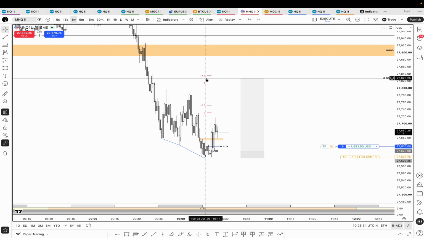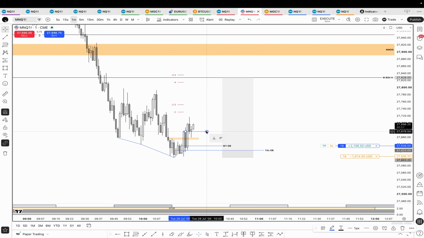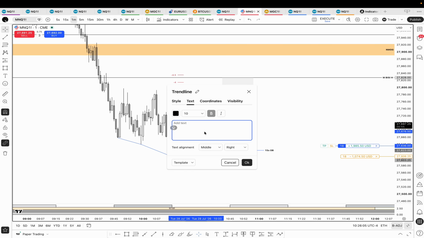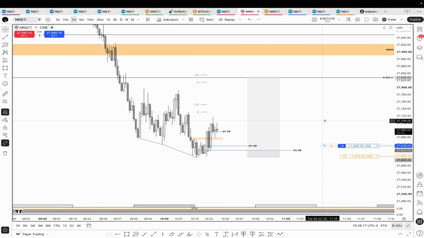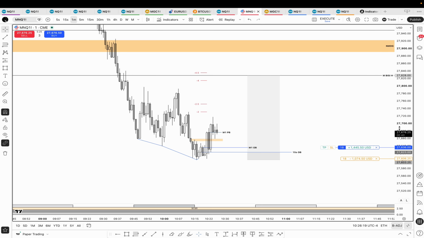So majority of the position, gonna look to take it off at the monthly BISI high, and then gonna look to leave runners, and then just add into that position again off of the M1 propulsion block. This down close candle traded into this M1 order block, which is what makes this a propulsion block. So should act as a very sensitive PD array and should invite for expansion.